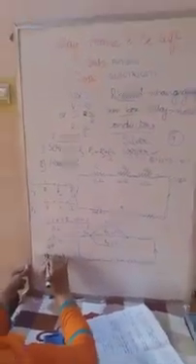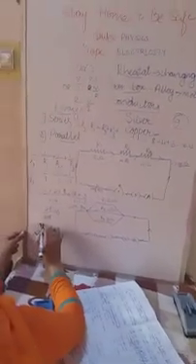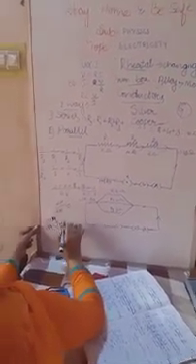Try with 6: 6 4s are 24, 2 carry, 6 2s are 12, 12 plus 2 is 14, nearly. If we try 7: 7 4s are 28, 2 carry, 7 2s are 14 plus 2 is 16, so nearly 0.7.